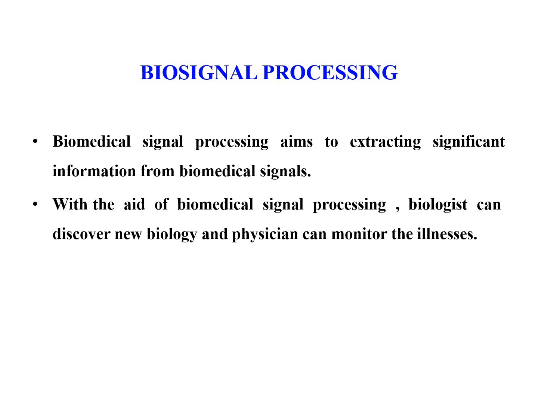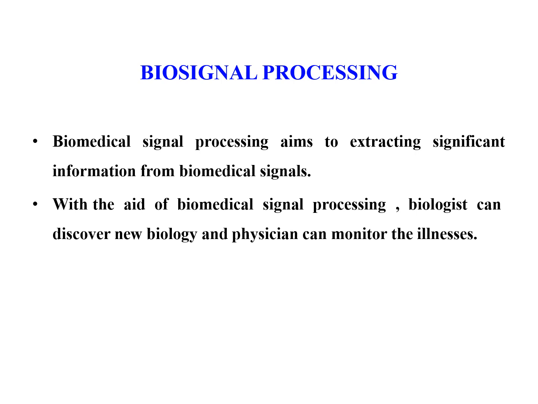Biosignal means taking bioelectric signals from the electrodes placed on the human body. But biosignal processing means extracting significant information from biomedical signals. This is the aim of biosignal processing.